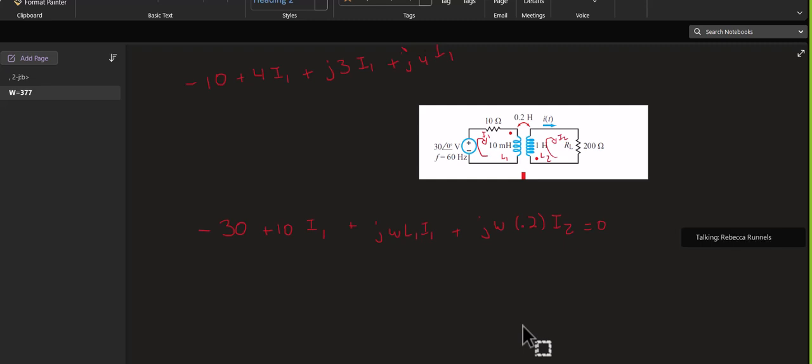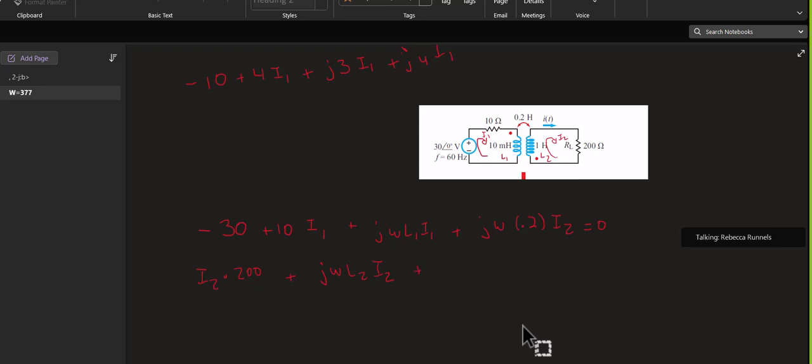And then for the second loop, I will have I2 times 200 plus J omega L2 I2, and then I'll have the mutual inductance that's caused by I1. Since I2 is going into the dotted side and I1 is going into the dotted side, the mutual impedance will have the same sign as the self-impedance, so it will be plus as well.